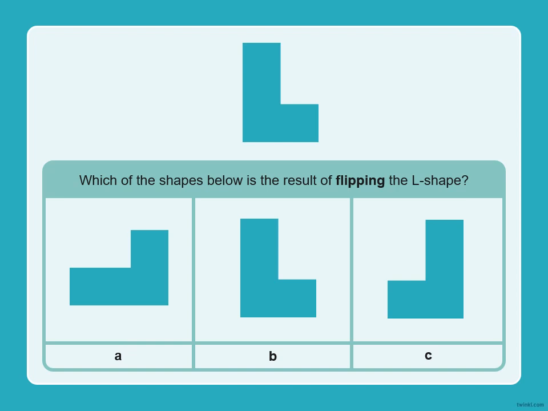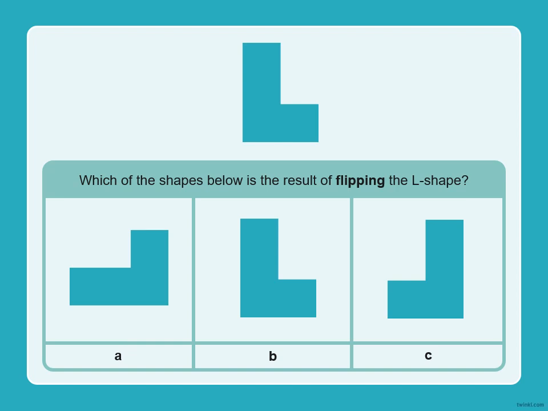Okay. Which of the shapes below is the result of flipping the L shape? Okay, so remember we can flip in various ways, but our L will look different when it's flipped. So if it flips from one side to the other or up and down, it's not going to look the same.